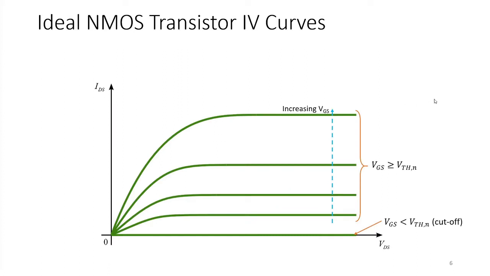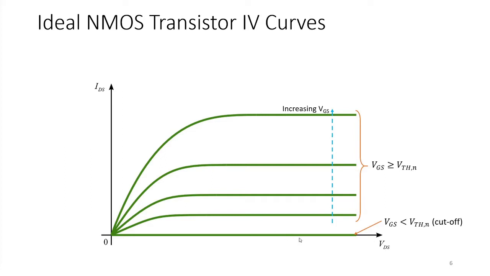From the discussion of the regions of operation of a MOS transistor, we can show the IV curves of these transistors and show the different regions there. This one shows the ideal NMOS transistor IV curve.